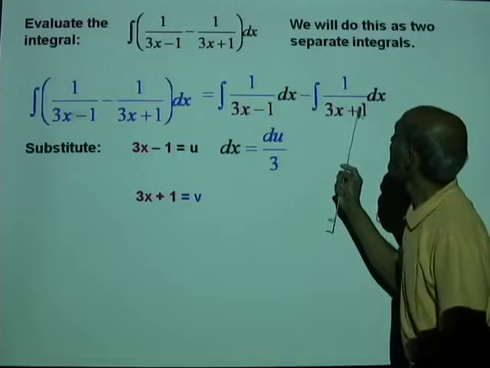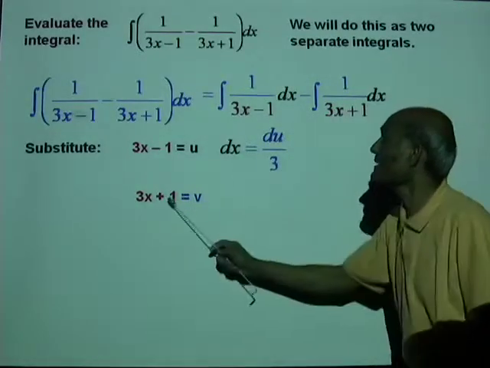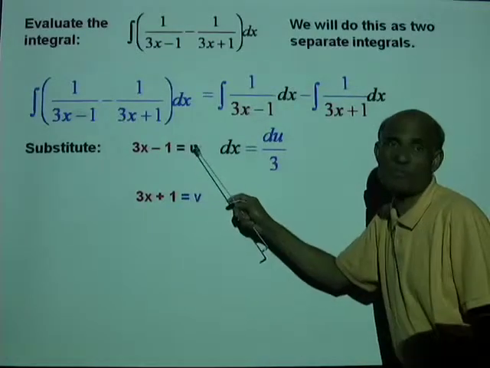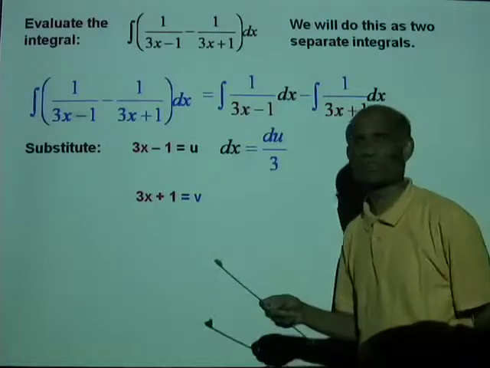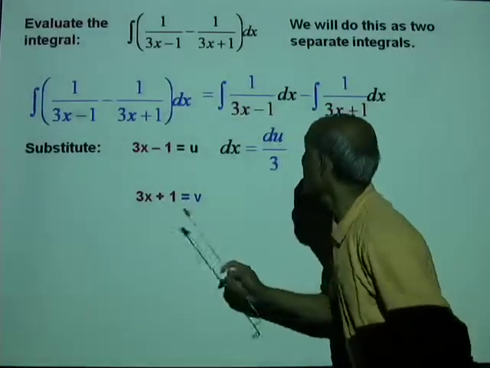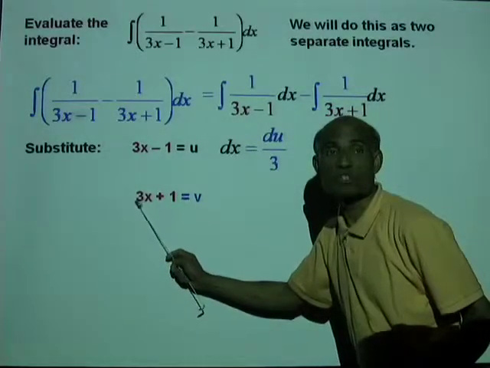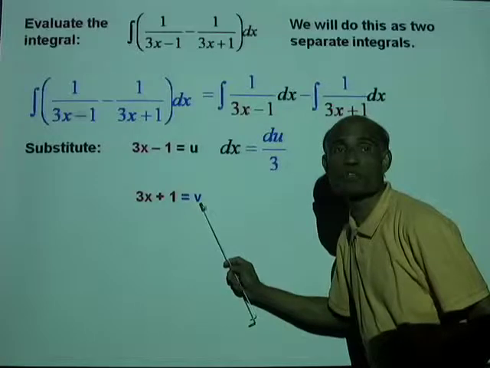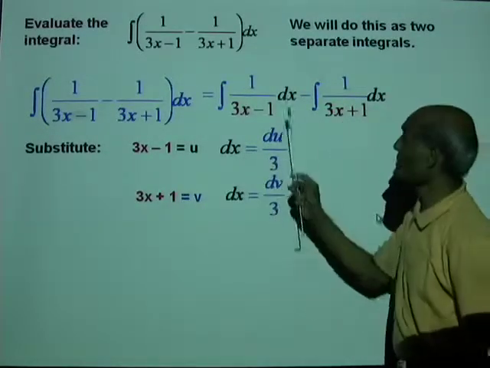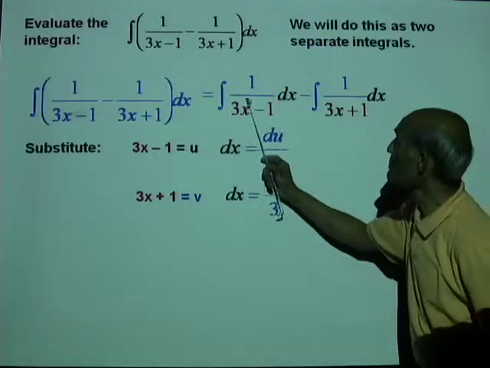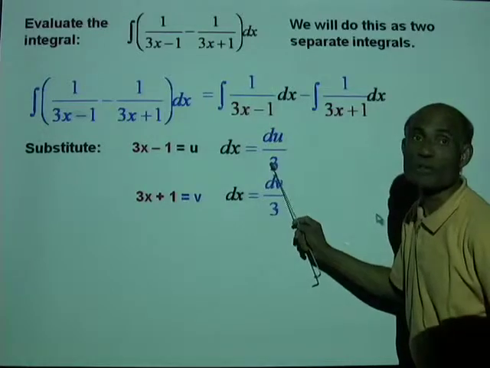In the same way, in the second integral, we substitute 3x plus 1 equal to v. If in the first one we use u, the second one we can use v, just to distinguish. And if 3x plus 1 equal to v, what is dx equal to? If you take the differentials, 3 dx equal to dv or dx equal to dv over 3. That's right. So when 3x minus 1 is replaced by u, this dx becomes du over 3.